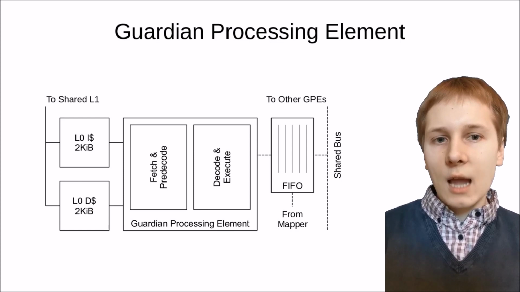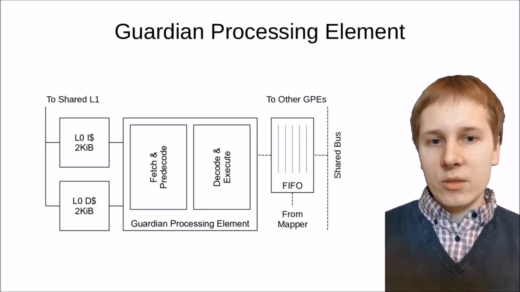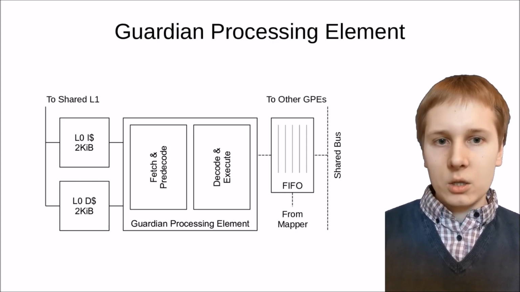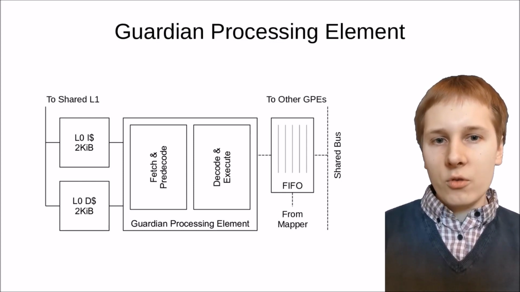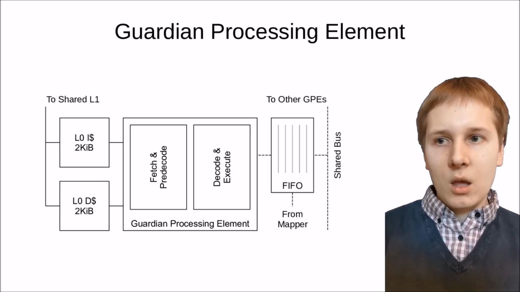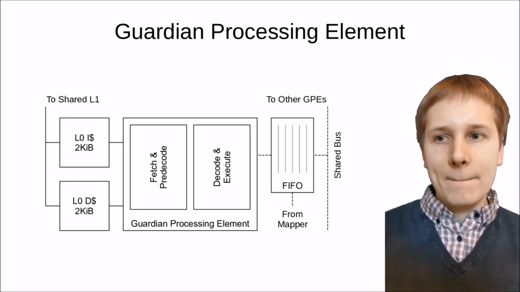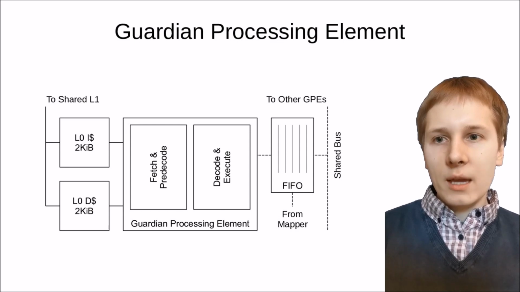We have a traditional cache setup over on the left there to give them shared memory access, which goes through to the shared L2 cache with the main core. And over on the right, we have something that looks more akin to message passing. We allow these little GPE cores to pass messages to and from each other, so that they can communicate more directly.